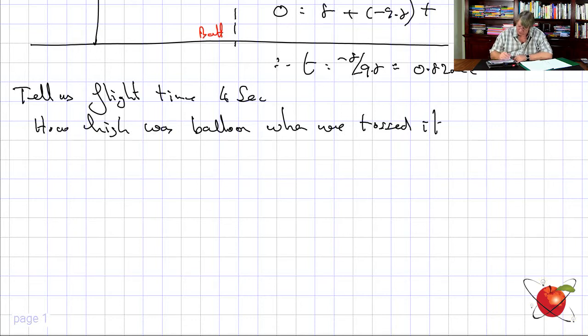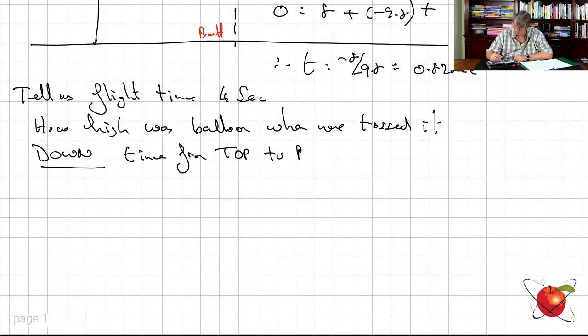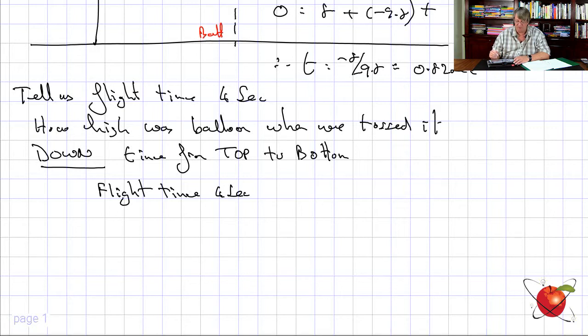So therefore, on the down side, I've been given time from top to bottom. Okay, how long is it? They said the flight time was 4 seconds, right?